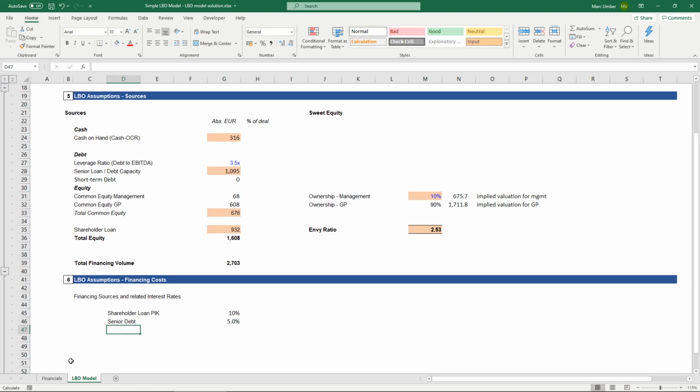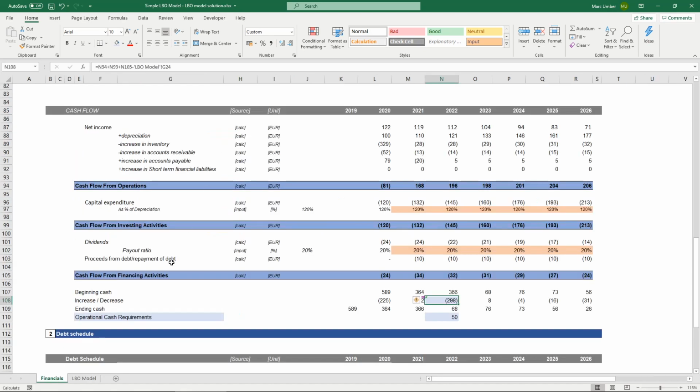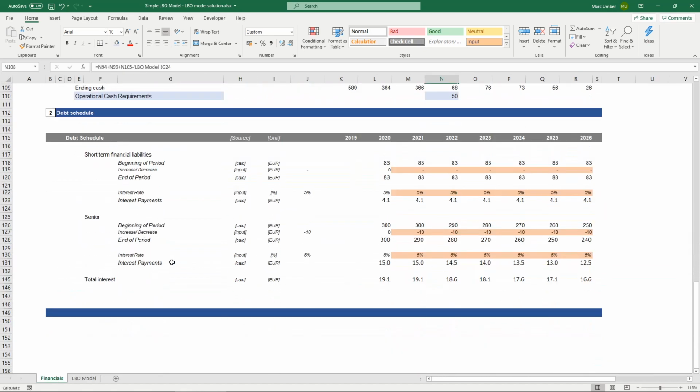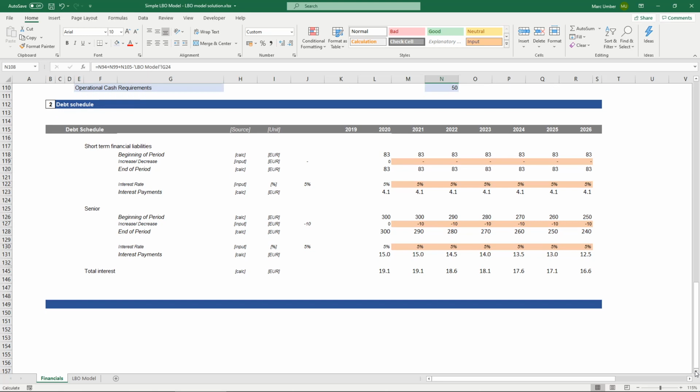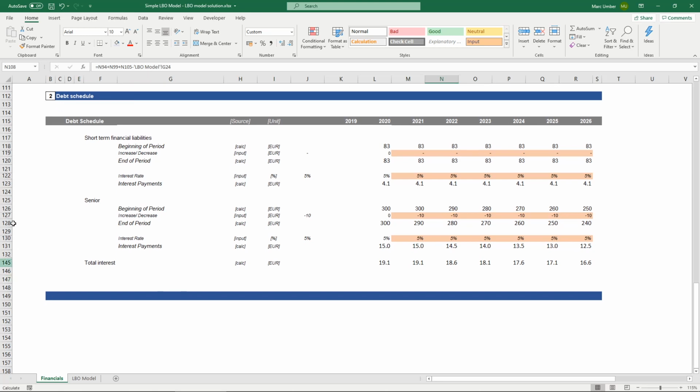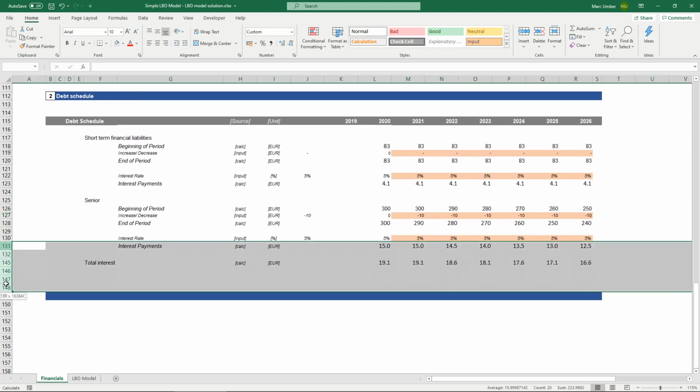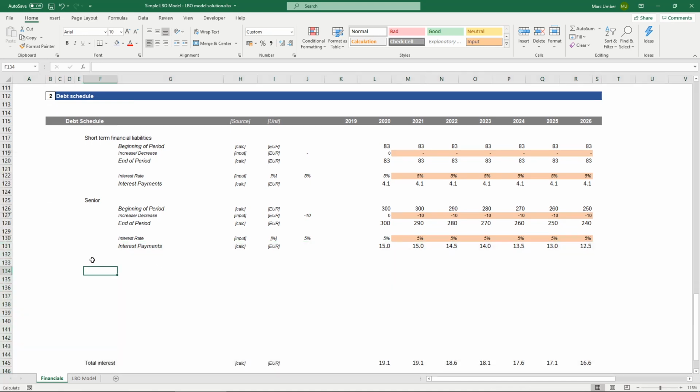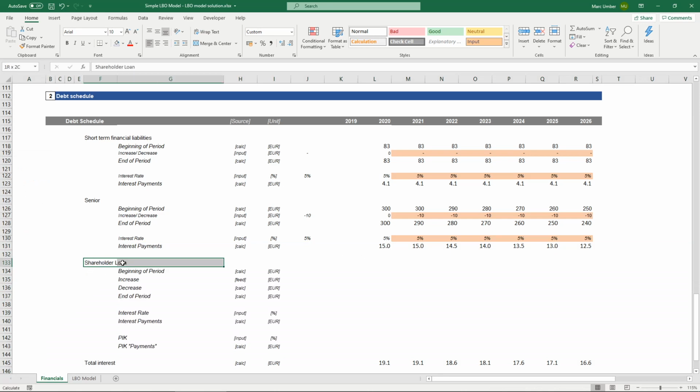So let's go over to the financial statements, and we will start looking at the debt schedule, where we will introduce the financing instruments we just looked at. So I'm going to unhide a couple of lines here, and we're going to add the shareholder loan, and we're going to change the senior debt.